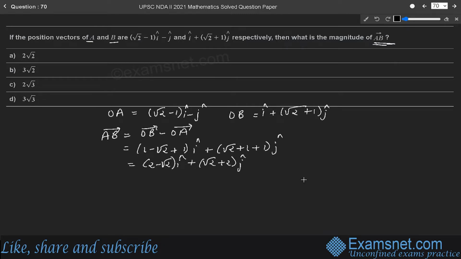Now this is AB vector, so magnitude of AB vector will be equal to under root of 4 plus 2 minus 4 root 2 plus 2 plus 4 plus 4 root 2. This will be the magnitude. On further solving, it will be root 12, and root 12 can be written as 2 root 3. So magnitude of AB vector is 2 root 3. Therefore the correct option here is option number C, which is 2 root 3.